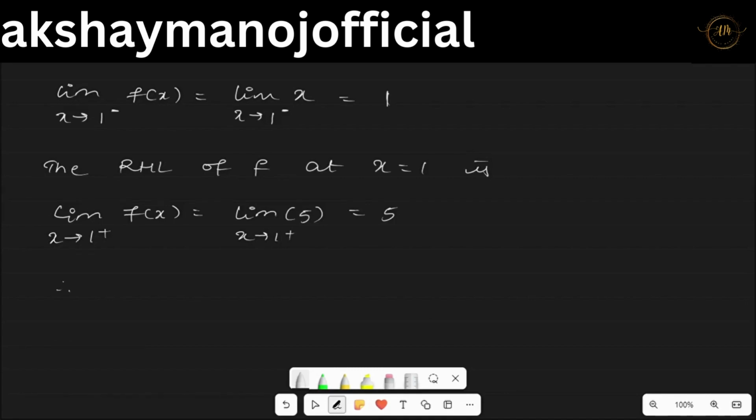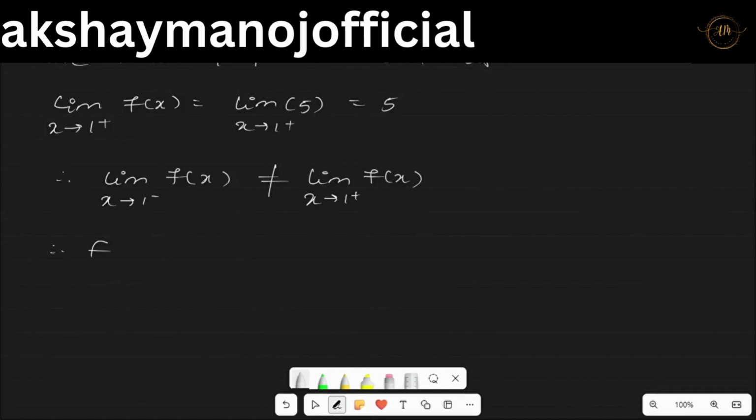So therefore, limit as x tends to 1 minus of f of x is not equal to limit as x tends to 1 plus of f of x. Right? So therefore, f is not continuous at x equal to 1. Okay, it's very clear.